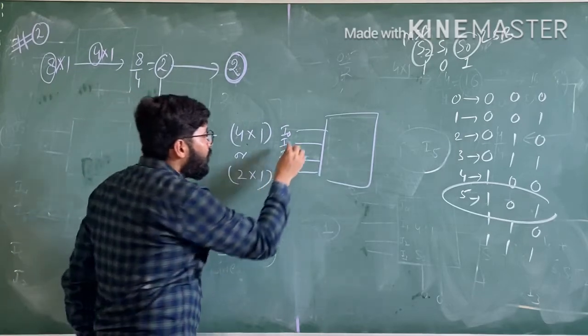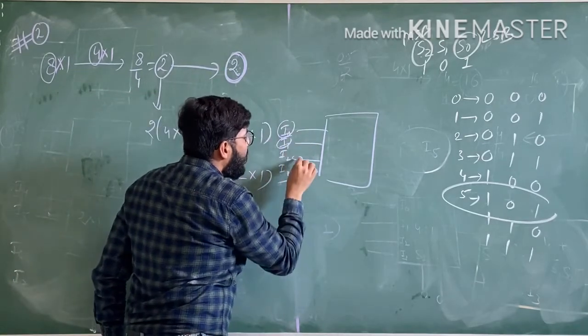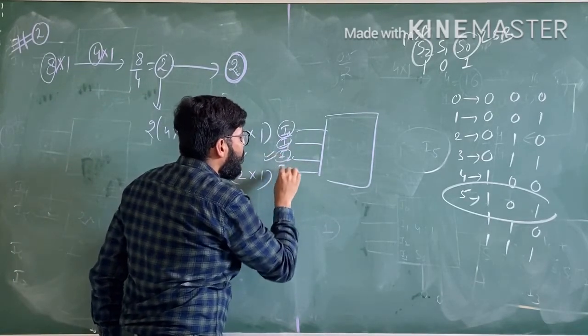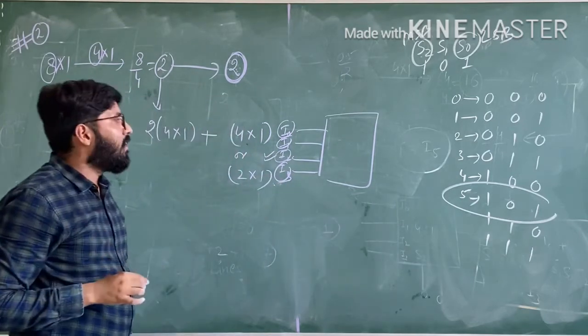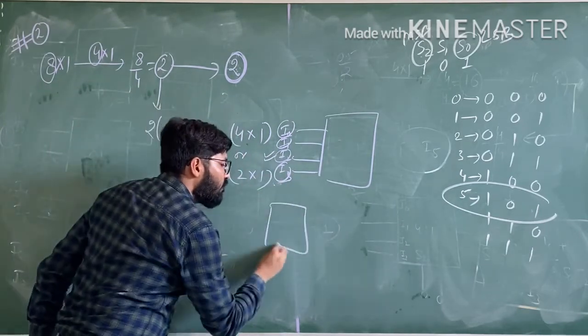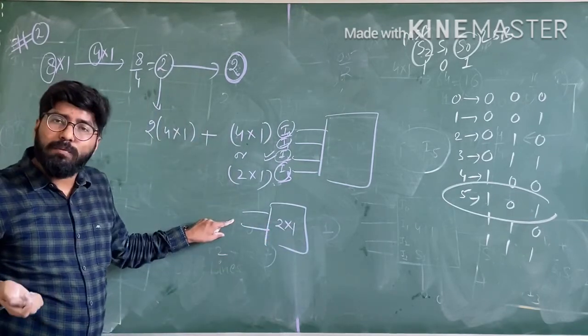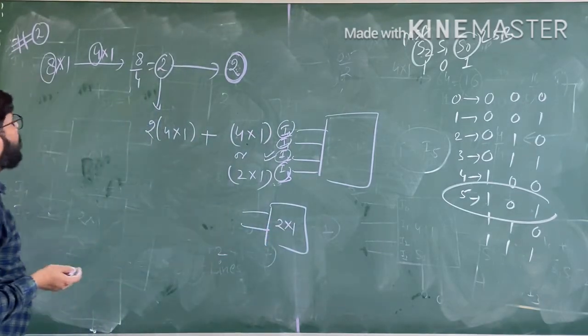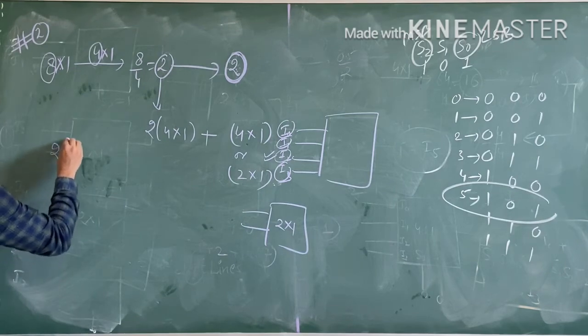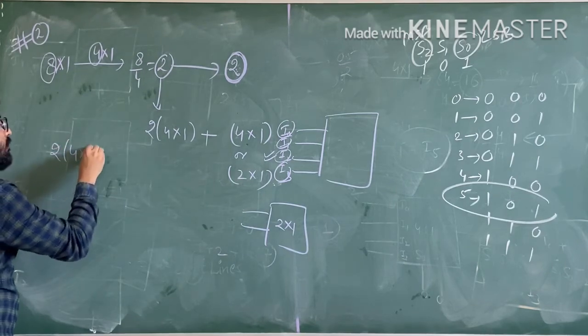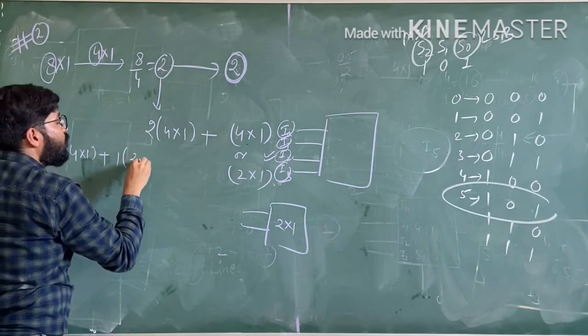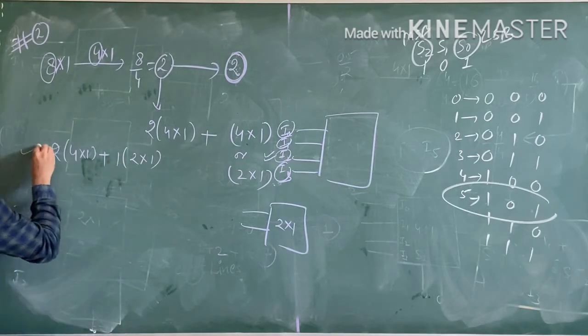For these 2 inputs we use, suppose, these 2 pins, and these 2 pins we can leave open. So this is the case. Or you can use a 2 cross 1 mux, because in a 2 cross 1 mux we have 2 inputs only. So in this question we can say we have 2 4 cross 1 muxes plus 1 2 cross 1 mux. This is a valid answer.